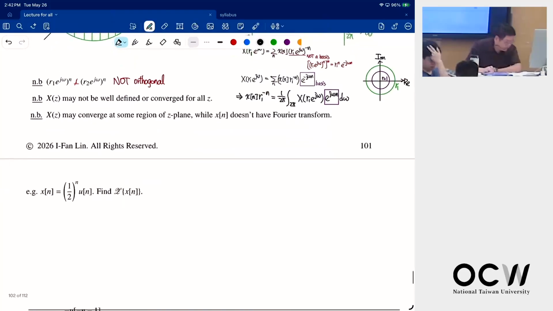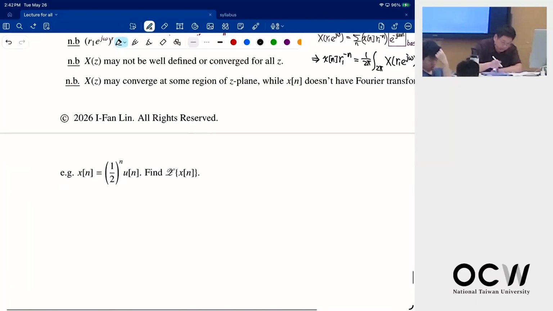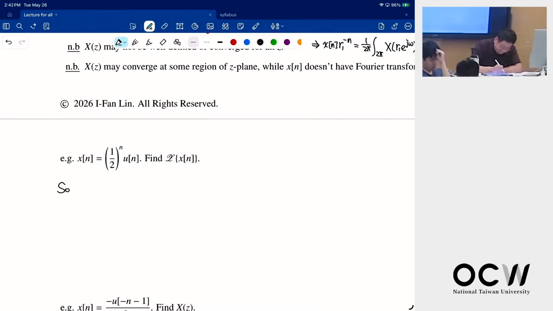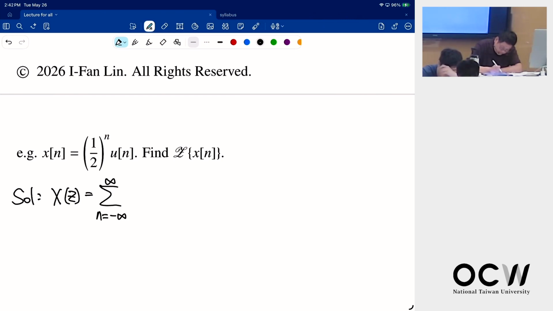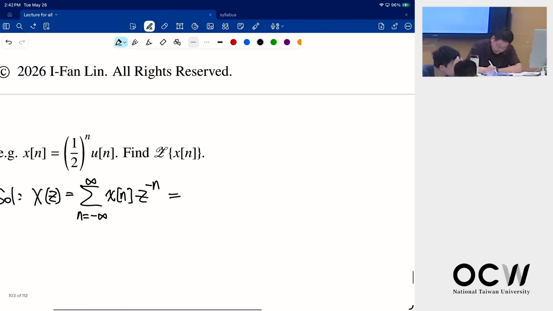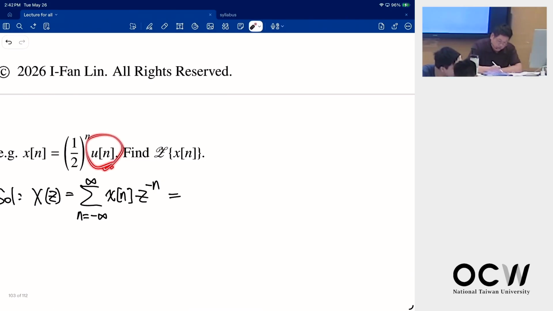So here, by the definition, the Z transform, only when n is greater than 0, I have a value. Okay, so just one more step.